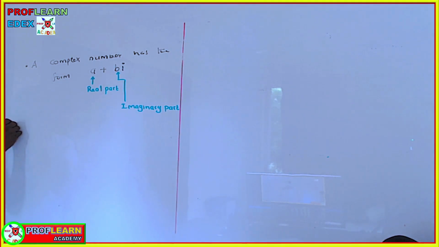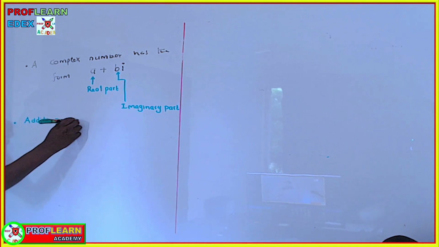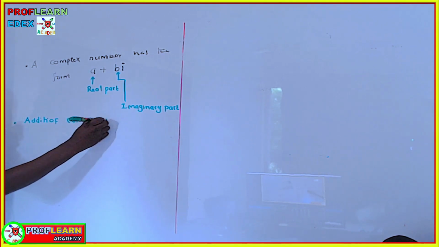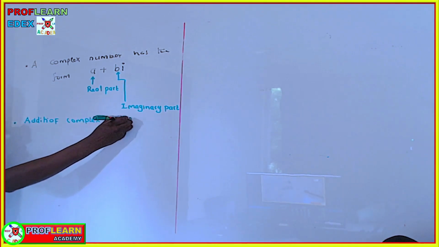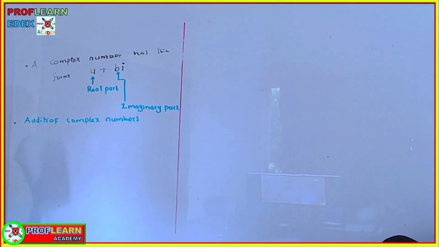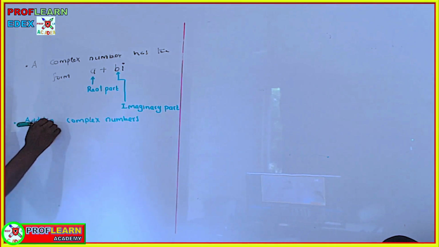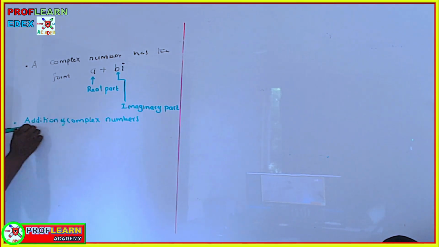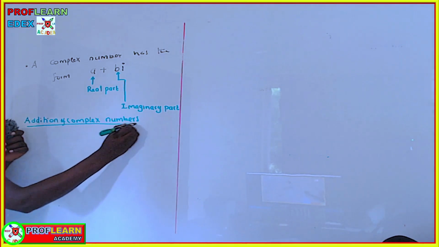So the next part that we're going to look at is addition of complex numbers. If you are given complex numbers, how do you add them? This is exactly what we are going to look at, addition of complex numbers.